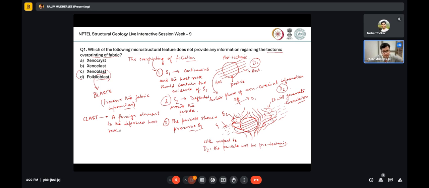Right? A clast will therefore behave as a rigid particle which will not contain or preserve the information of the fabric. Clasts do not retain, or rather preserve, the fabric information.